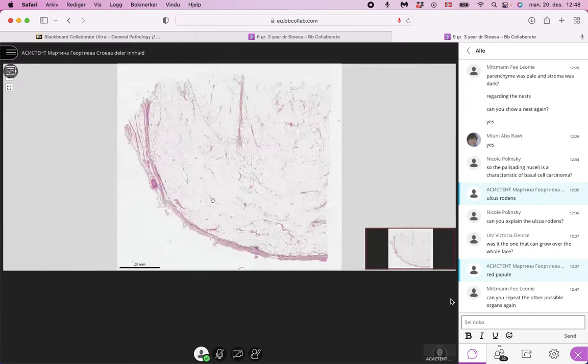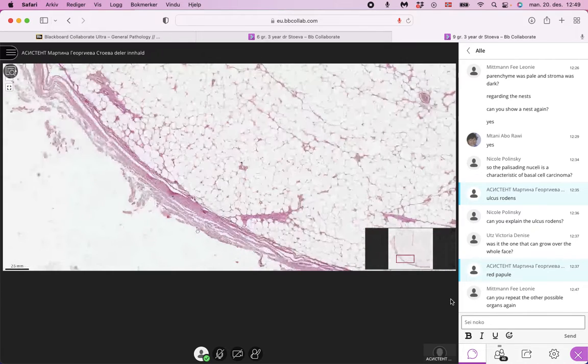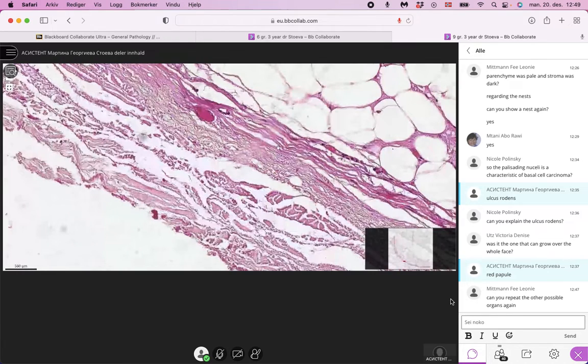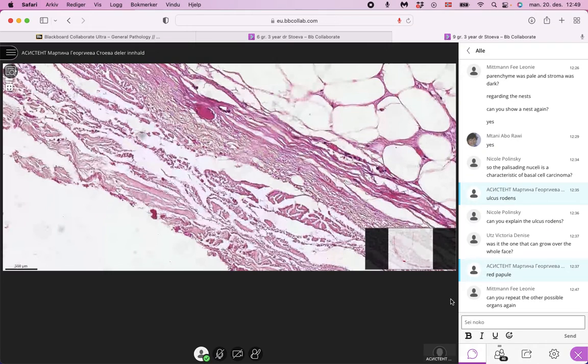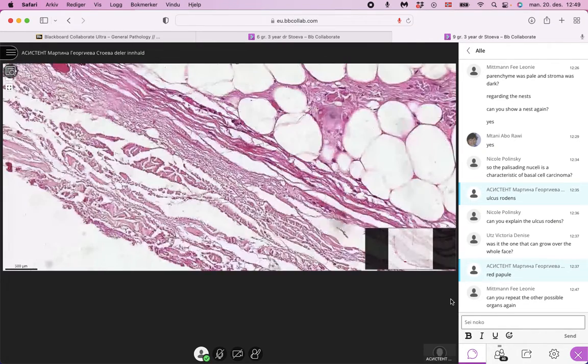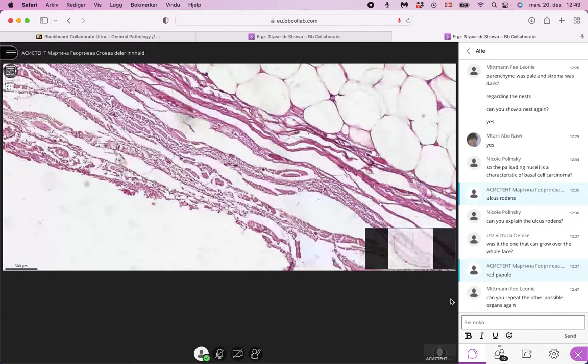But these mature adipocytes are within a capsule. So they form a tumor mass that is encapsulated. Peripherally, we can find the capsule of the tumor. When we zoom in, you can see the capsule that is composed of connective tissue or fibrous tissue.